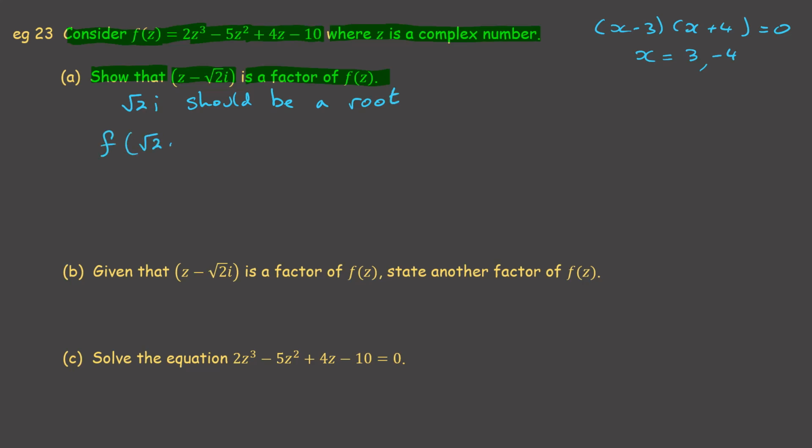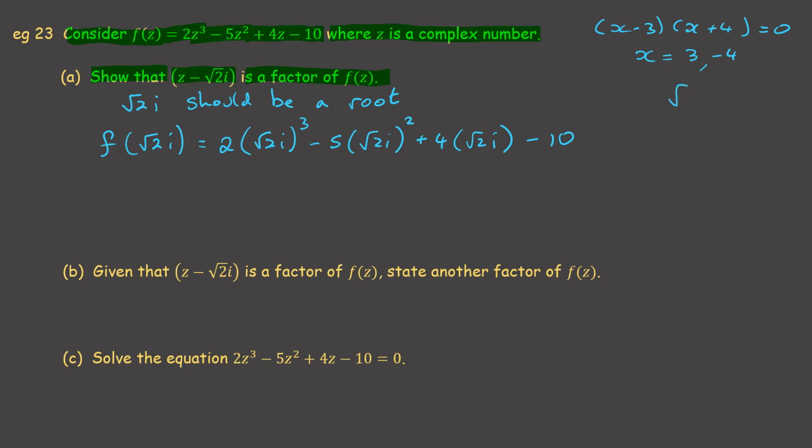f of root 2i is equal to 2 times root 2i cubed, take away 5 root 2i squared plus 4 root 2i, take away 10.